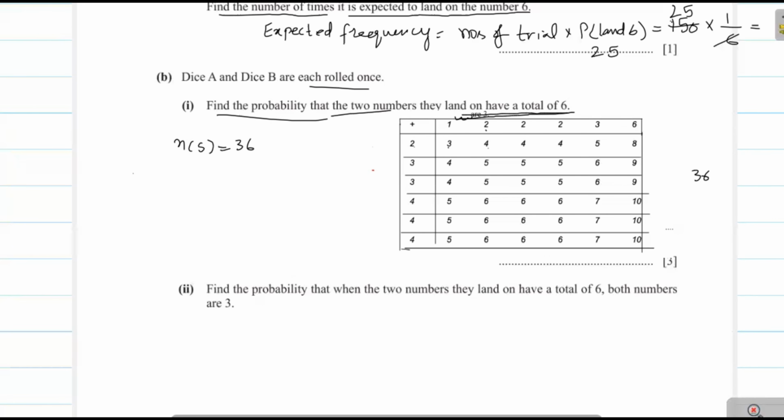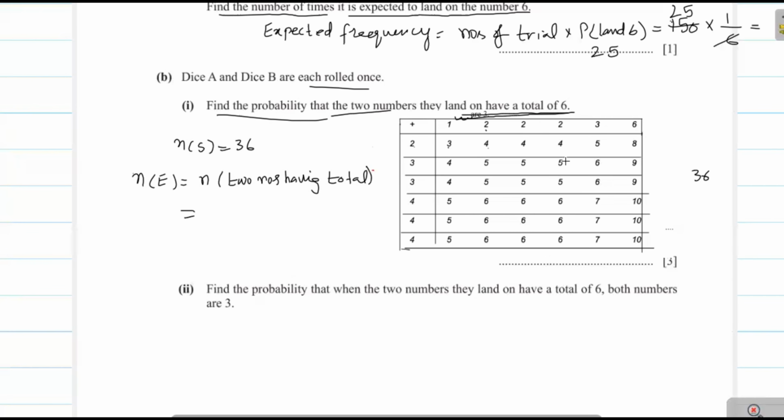Now the number of events equal to n of two numbers having total 6.